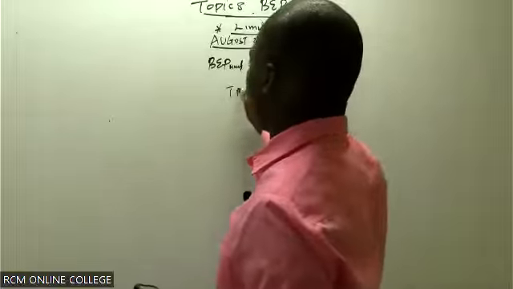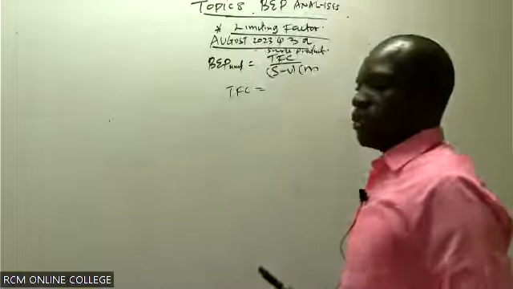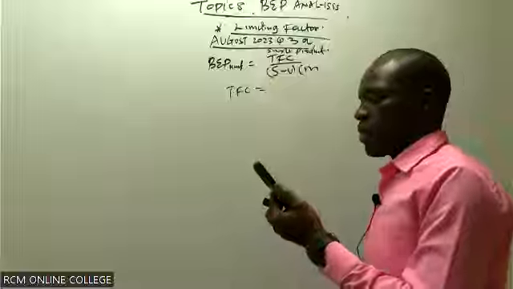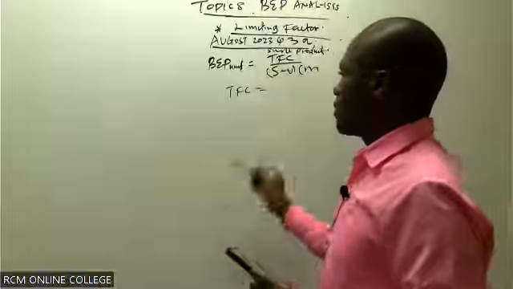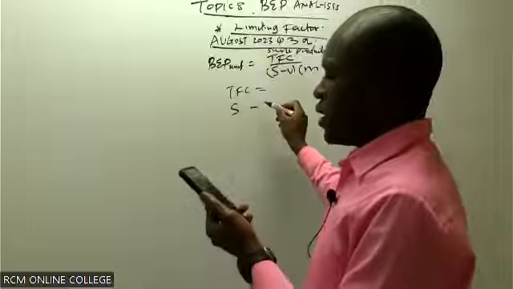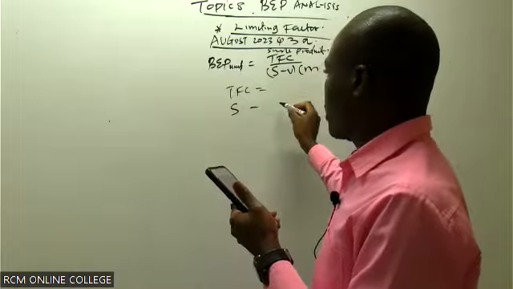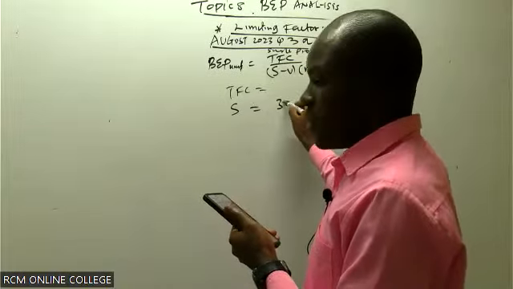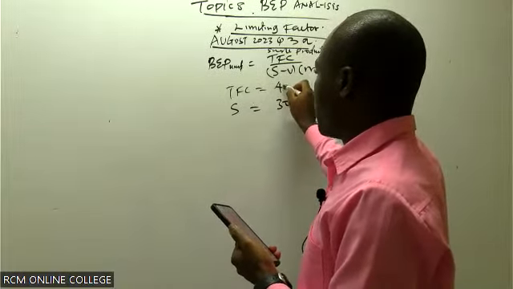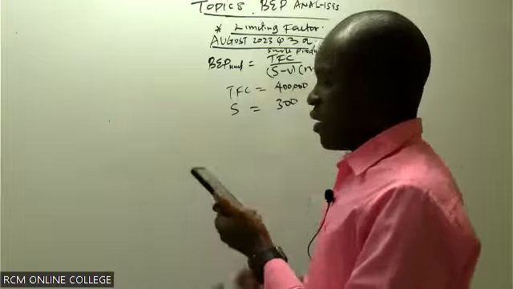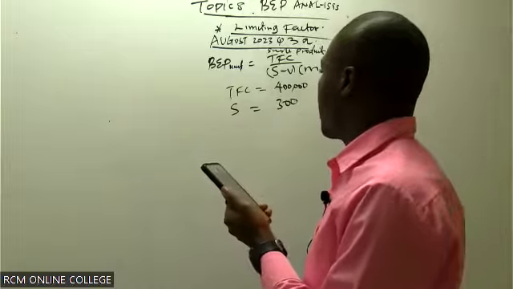Our total fixed cost should be equivalent to what figure? Our total fixed cost for the salon, we are dealing with the salon as the only product or service they are offering, is equivalent to 400,000. Then we need variable costs.